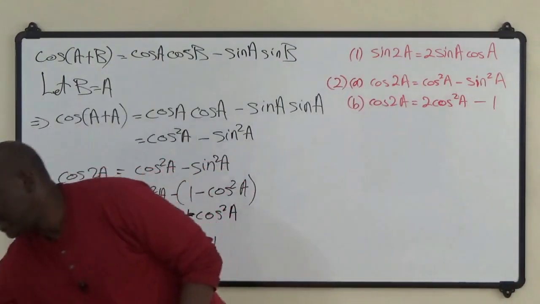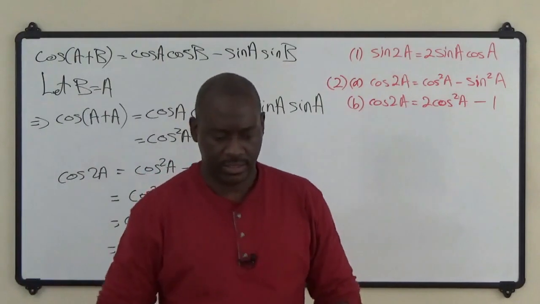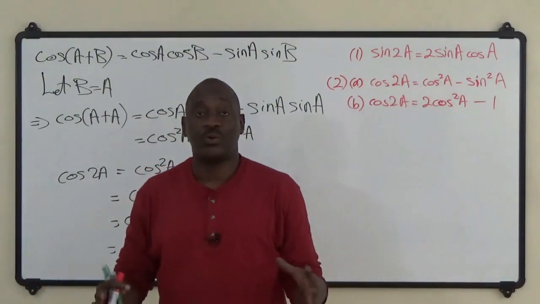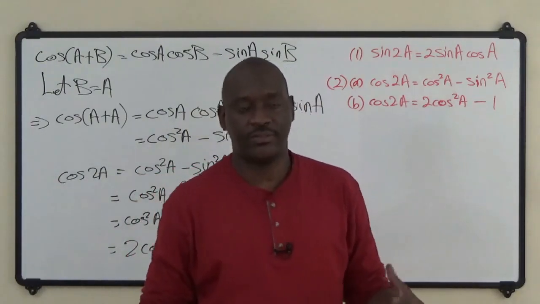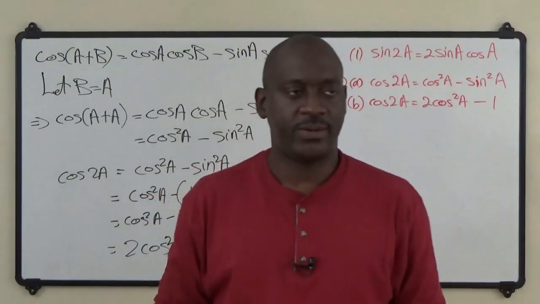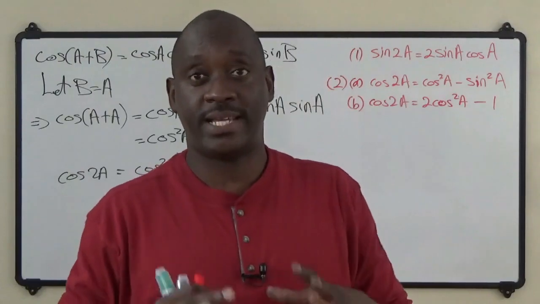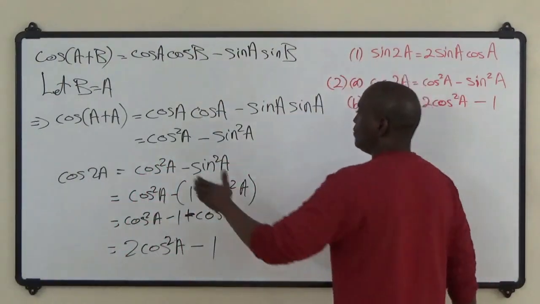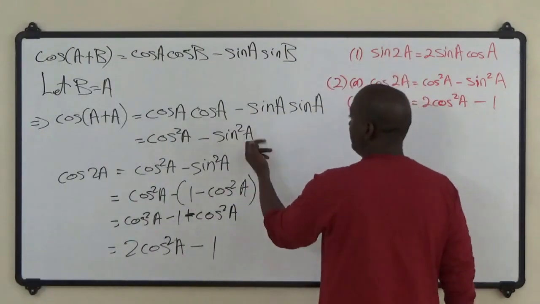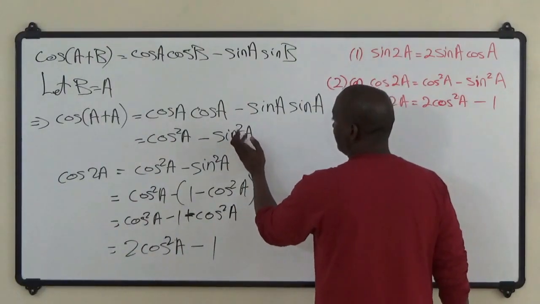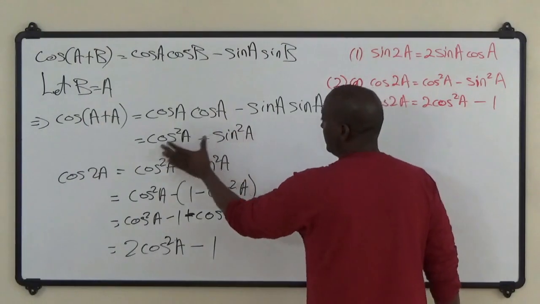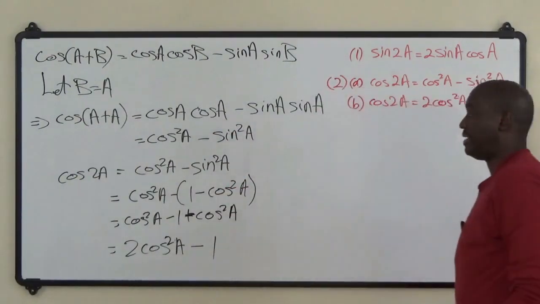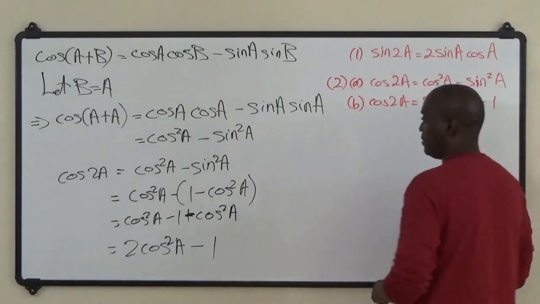So you could get a question that says, derive an expression for cosine of 2a or cosine of 2x, expressing your answer in terms of sine a or sine x only. So you go through the regular procedure, you reach here. And if you want to express it in terms of sine a alone, it means that you substitute for cos squared a using the first Pythagorean identity as follows.